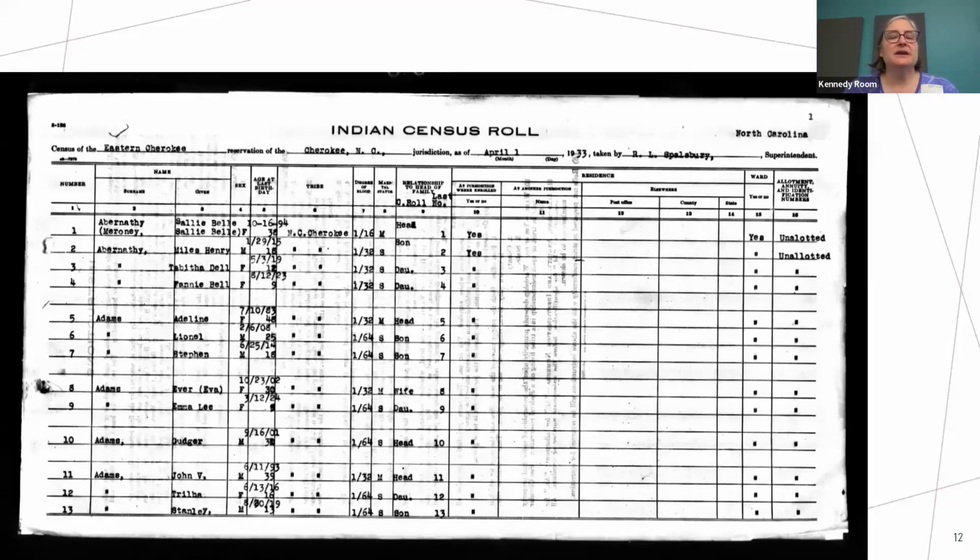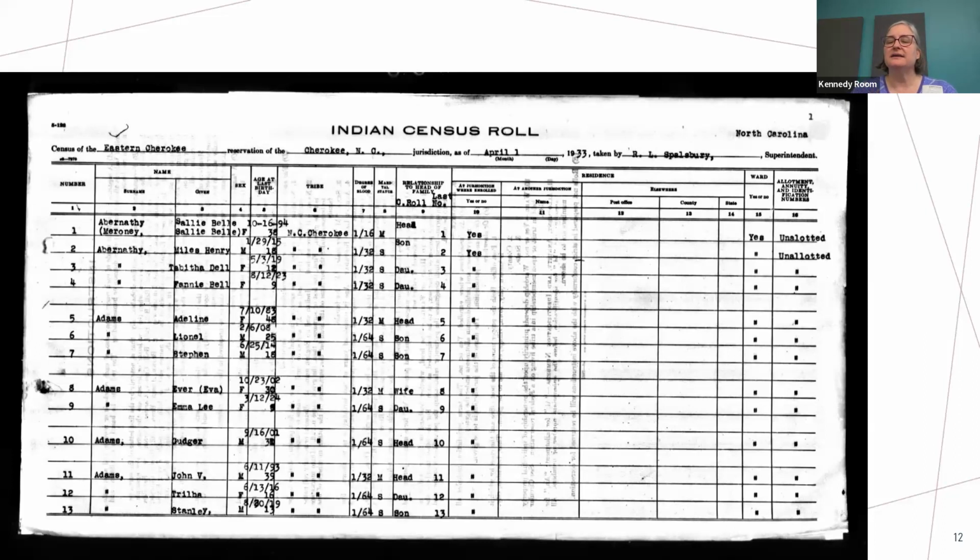Now, this one is an Indian roll from the latter period, I believe it's 1933, and then I have an example from 1935. These are from the Potawatomi tribe in Kansas, and on this page, you see, number one, they're typed. Number two, they ask some different questions.